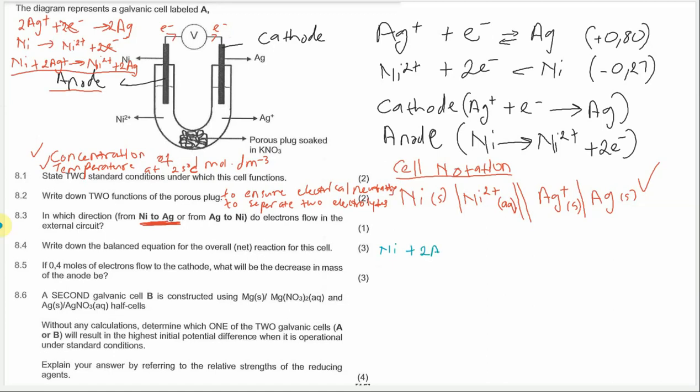It actually saves you time, so that you can get your answers straight. You're just copying from your analysis, and you got your answers. Okay, that is the overall net reaction for the cell. Obviously I got it from here because I already knew the potential reactions of these 2 metals.